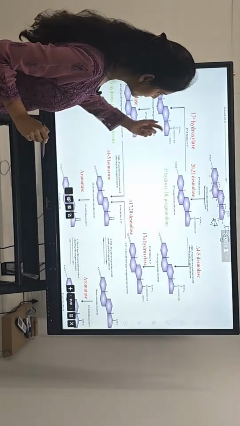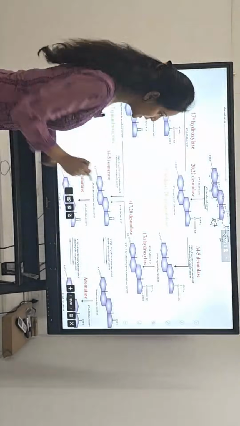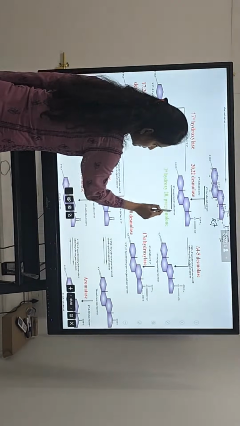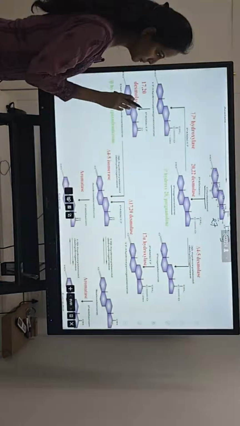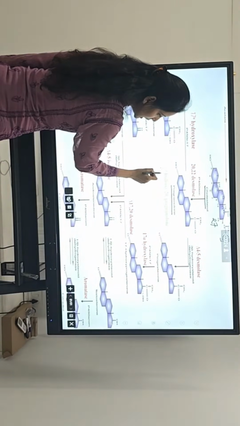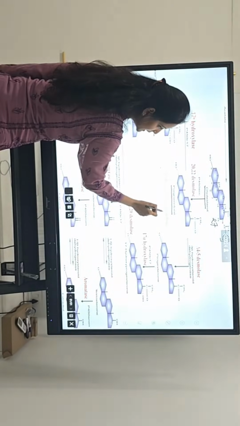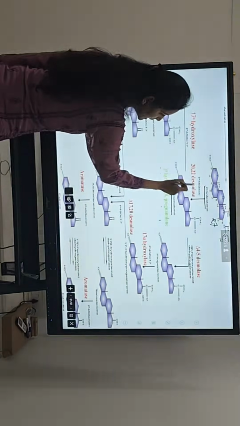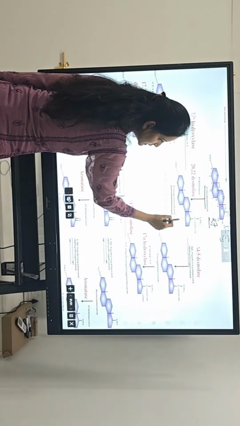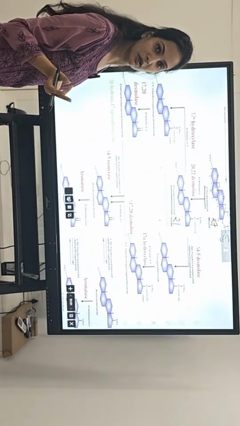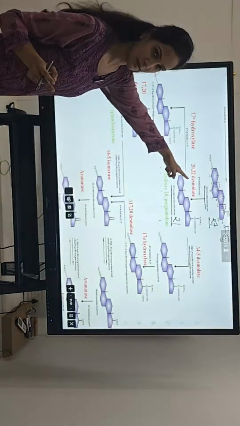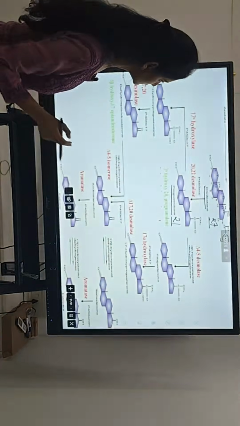What is our next product? Pregnenolone. If we name the compound, what is this? 3 alpha hydroxy 20 pregnenolone. This is a 21 carbon compound, so we need to remove some side chains. What enzyme will we need? Desmolase, right?